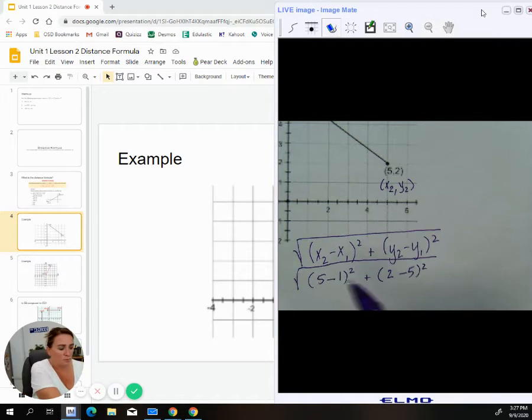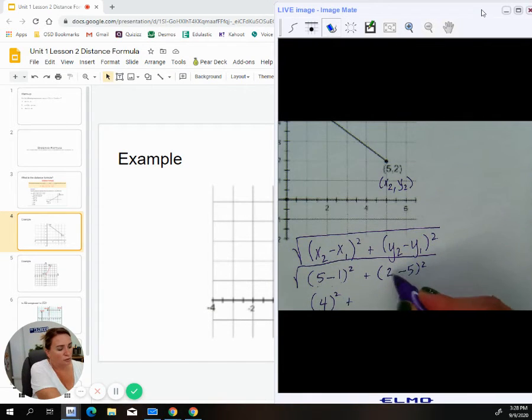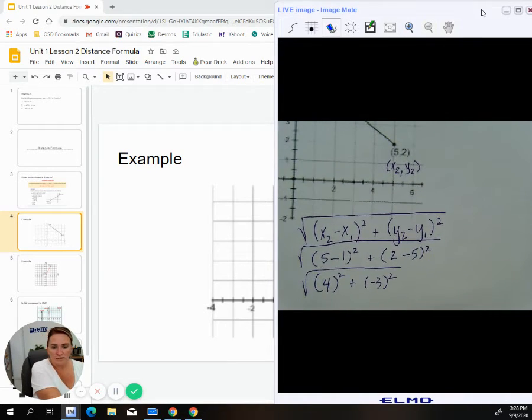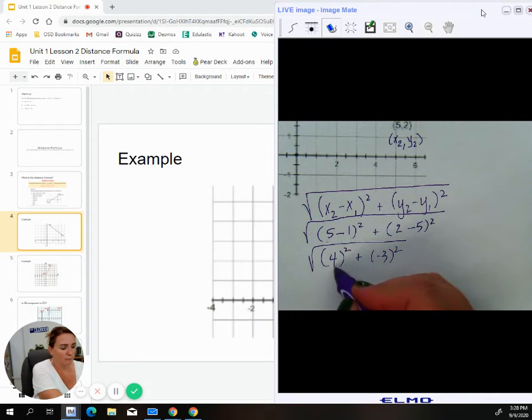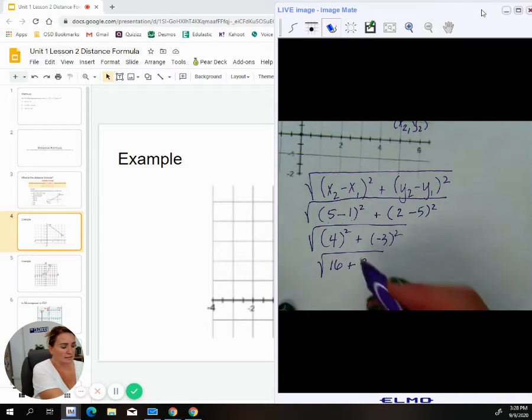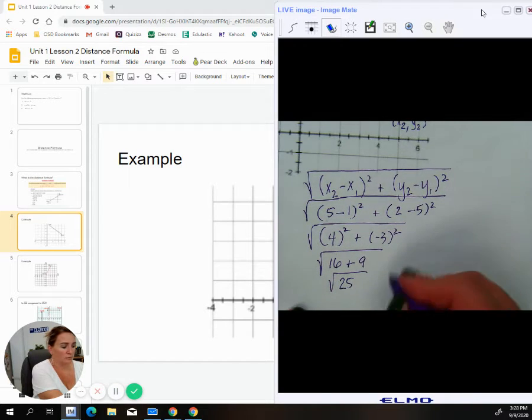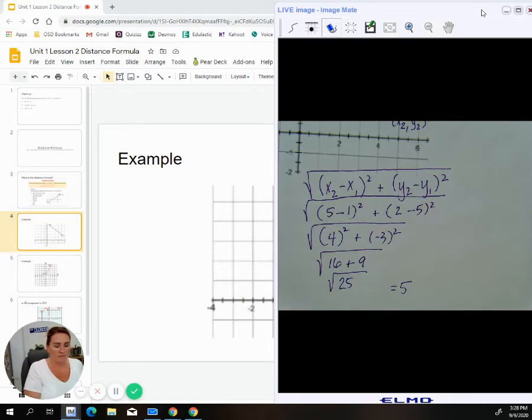So now I'm going to simplify. 5 minus 1 is 4. 2 minus 5 is -3. Now we're going to simplify further. 4 squared is 16. -3 squared is 9. 16 plus 9 is 25. And the square root of 25 is 5.